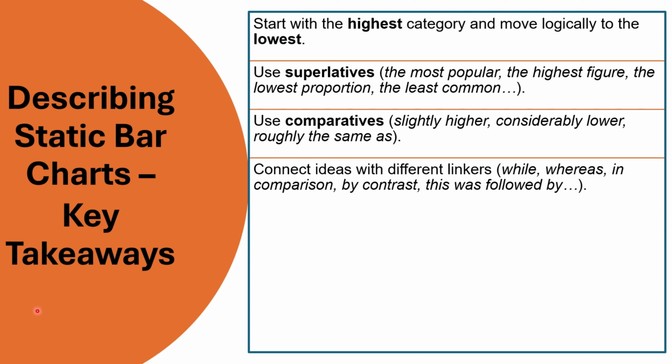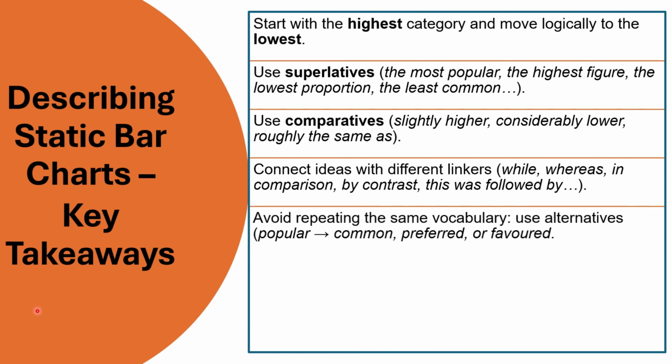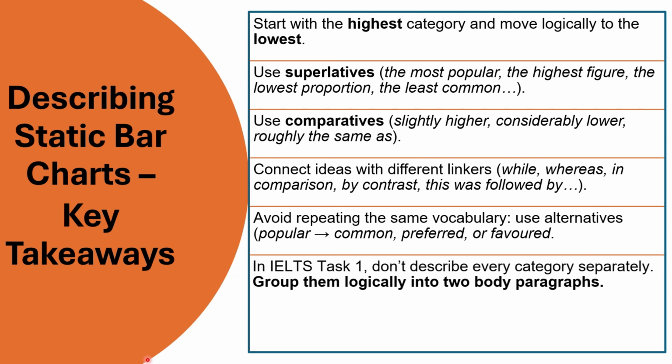To reach band 7 or higher, avoid repeating the same vocabulary. Instead of writing popular every time, use alternatives like common, preferred, or favored. Finally, remember this important exam strategy. In IELTS, you don't need to describe every category separately.